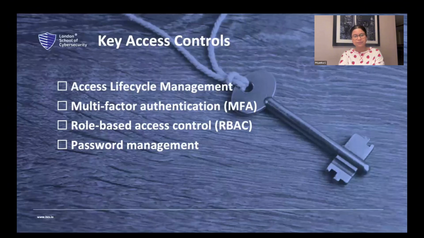All right. Now, let's look at some of the key access controls that exist, or should exist, in an organization. The first one is access lifecycle management. This is nothing but making sure that access controls exist right from when I start in an organization to the day I leave.